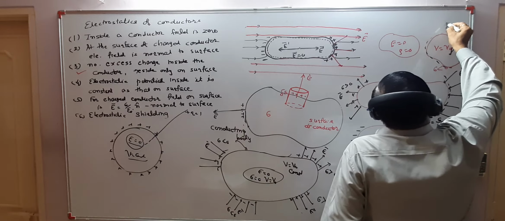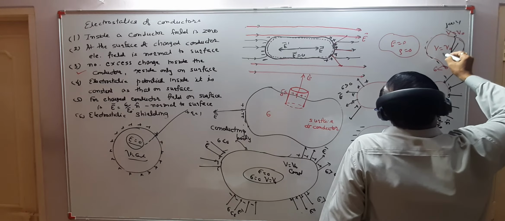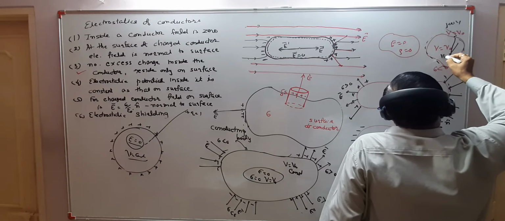Suppose here, for example, 100 volt is there, then it is 100 volt at that point inside the surface, meaning no change in potential. Why? No work is going to be done. Why? The field is already 0. So no work is necessary. So we can say the potential inside it is constant, the same as that on the surface.